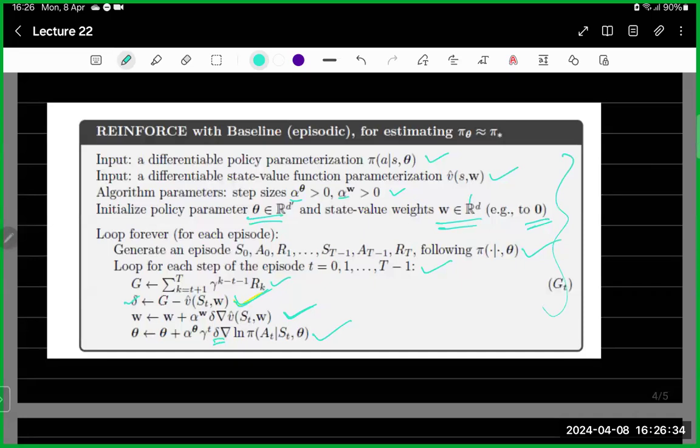All that you have to do is take derivatives and just do this. You just generate one episode and do this. So any doubts before I proceed further?